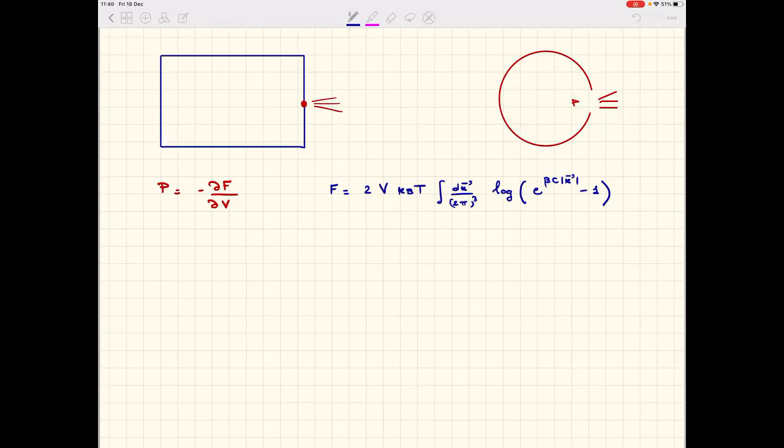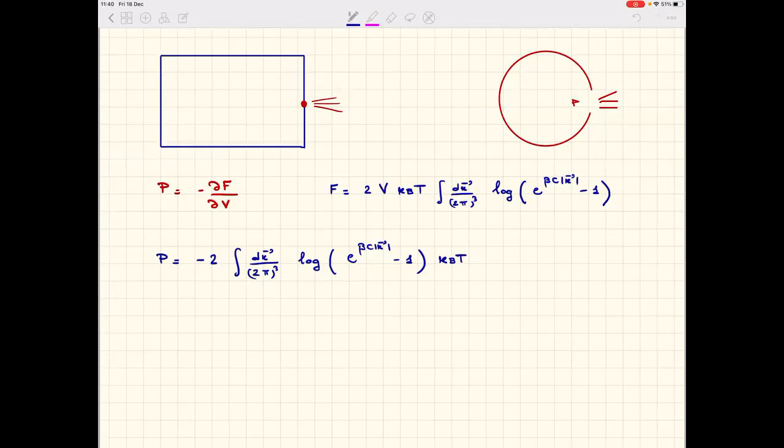So now the pressure is going to be equal to minus the derivative of this with respect to the volume, which is minus 2 times the integral dk over (2 pi) cubed of the log of e to the beta ck, times kBT. I'm setting h bar equal to 1 in this formula.